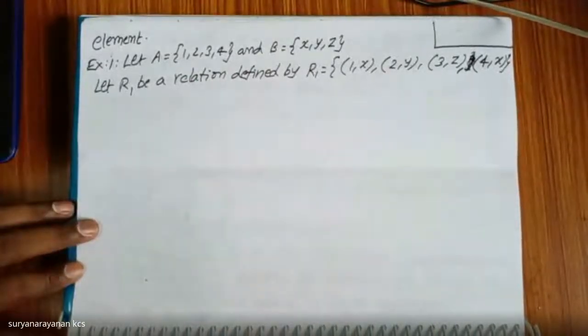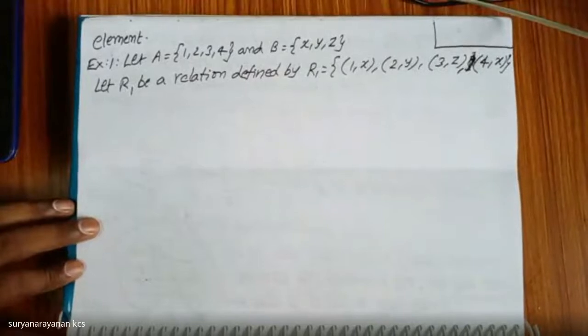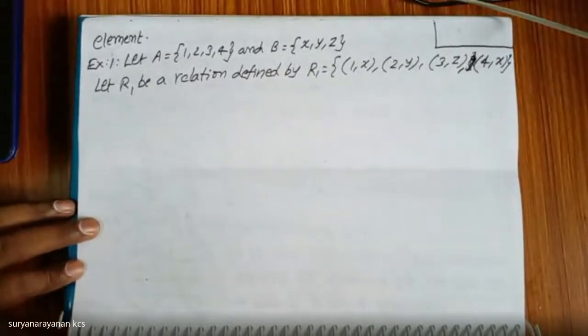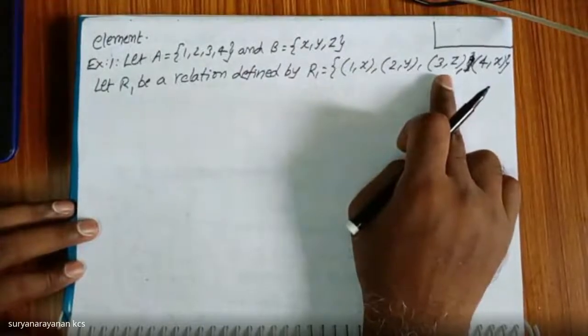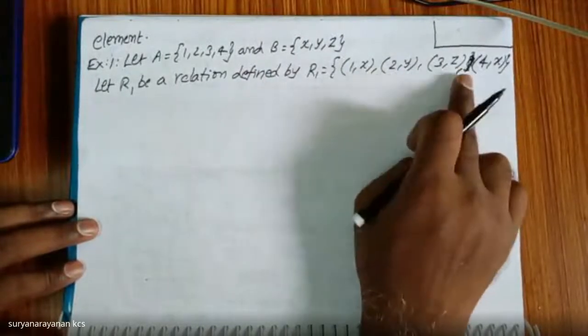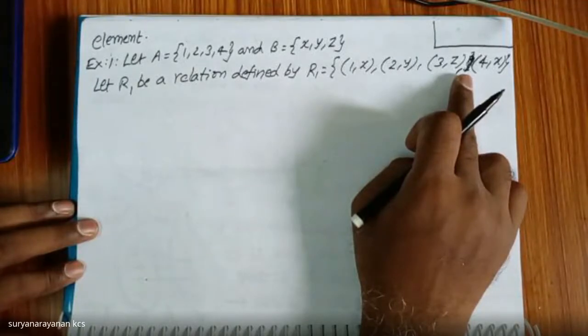Then how do you find the domain of the relation? Anyone? Do you remember that point? The set of all first elements. Yes, very good. The set of all first elements in the ordered pairs is the domain.